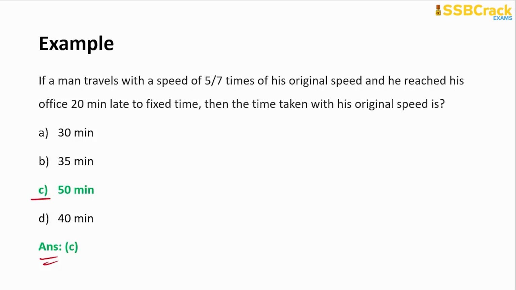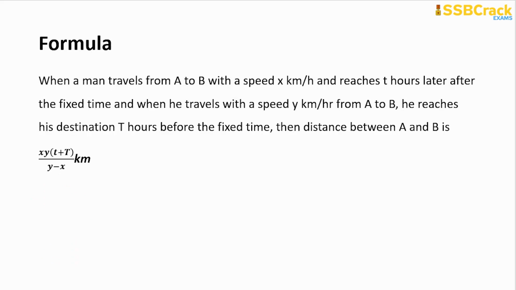Alright, coming upon to the next formula based upon the topic of speed, distance and time. When a man travels from A to B with a speed x km/h and reaches t hours later after the fixed time.